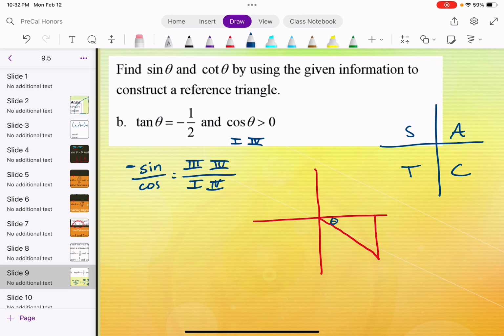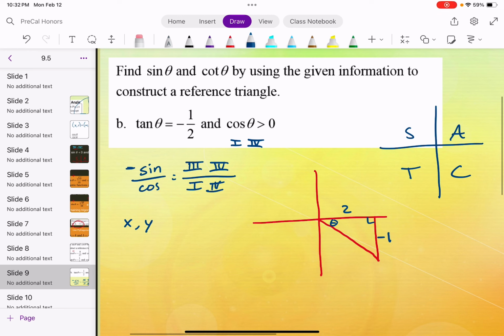Notice theta would be over here in this corner, 90-degree angle. And we're first going to start with putting down what we know, which is, in this case, a -1 for the y, a 2 for the x. Keep in mind, remember, x and y is the same as cosine and sine.